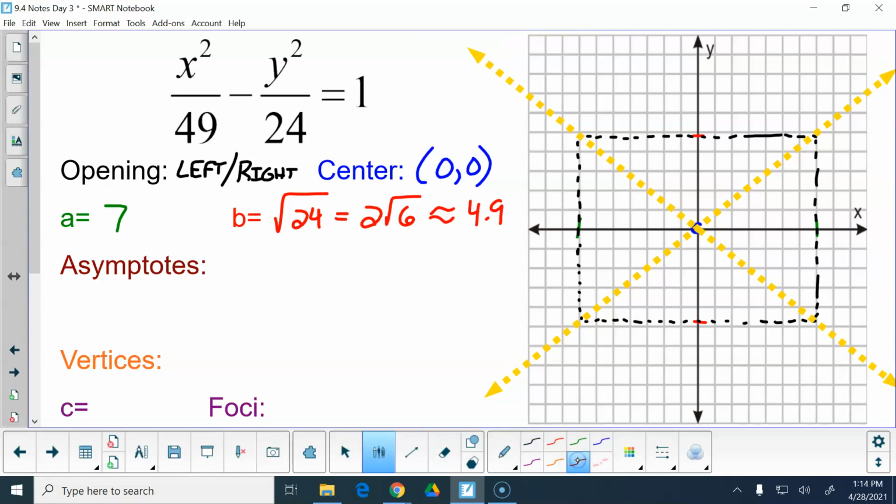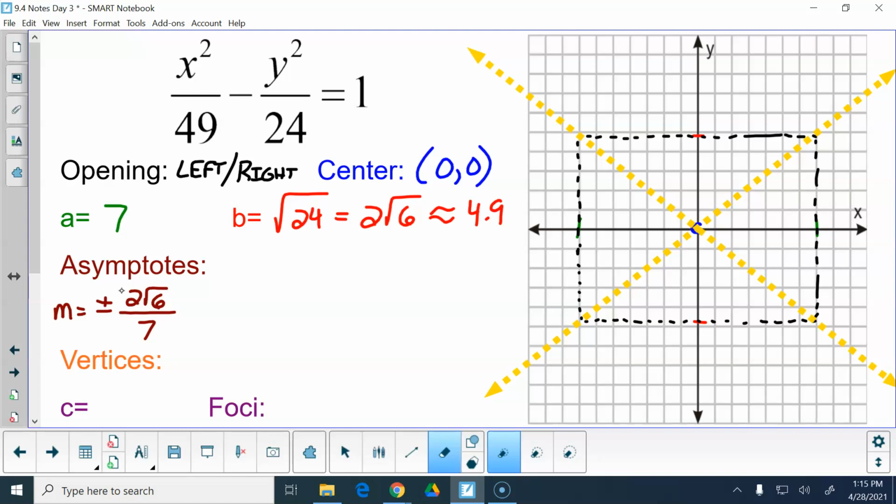One thing that we do know is we do know the slope of both of our asymptotes is plus or minus b over a. So that's going to be plus or minus 2 square roots of 6 over 7. So that's going to be the slope.